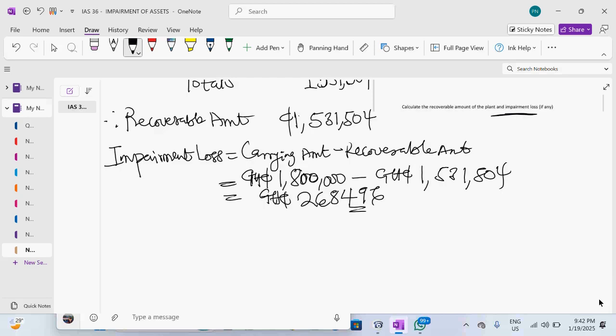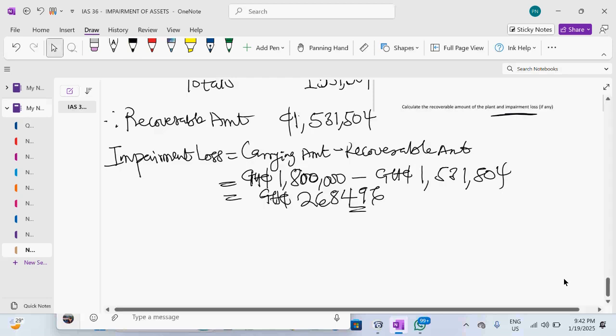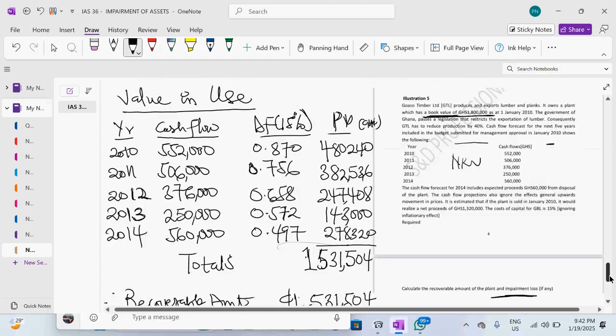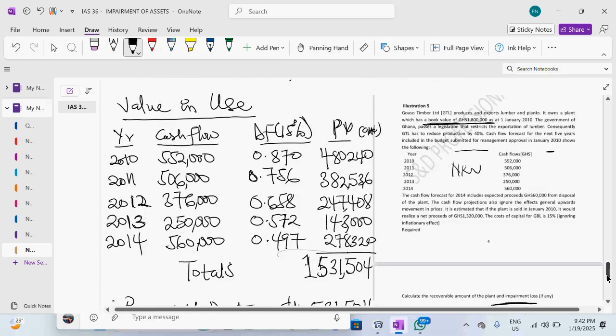I was away for a while, so I don't understand how we didn't use the 15% as it was, but we used that formula. The 15% is the discount rate. Those amounts are future values.